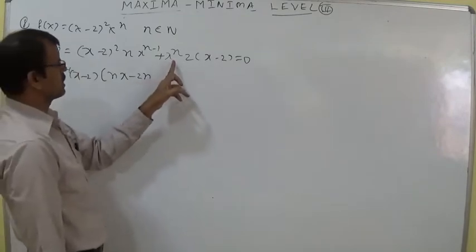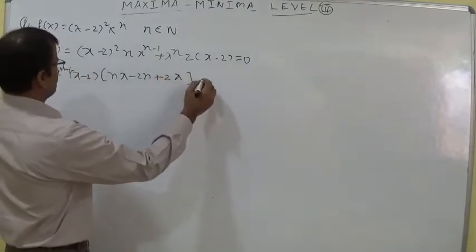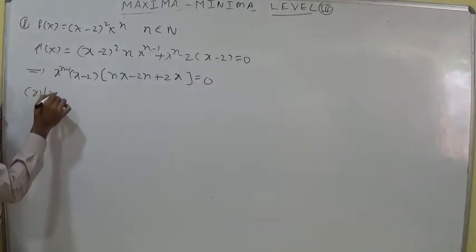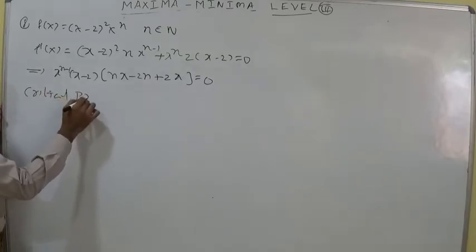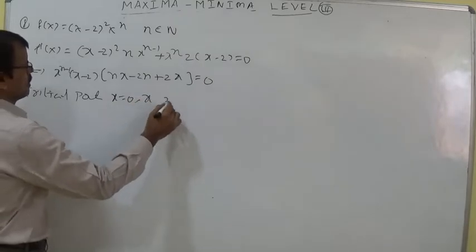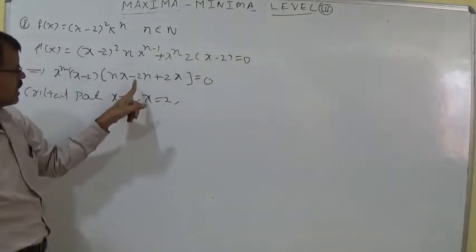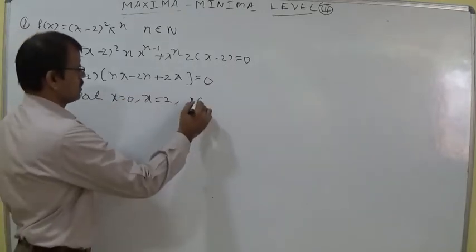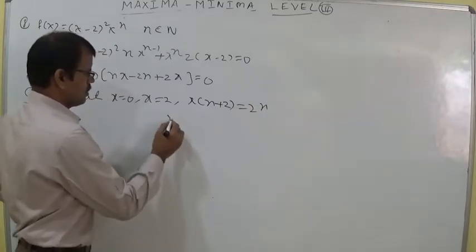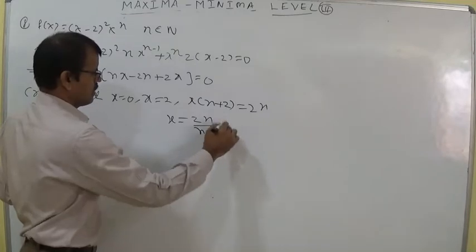Nx minus 2n plus x taken common plus x will be there, so 2x you can write here is equal to 0. Critical points I am writing here. Critical points x equal to 0 and x equal to 2 here. Nx plus 2x is equal to 2n. X taken common, x into n plus 2 is equal to 2n. Then you can write here x is equal to 2n by n plus 2.